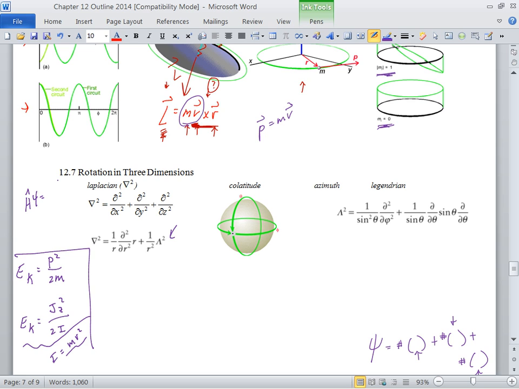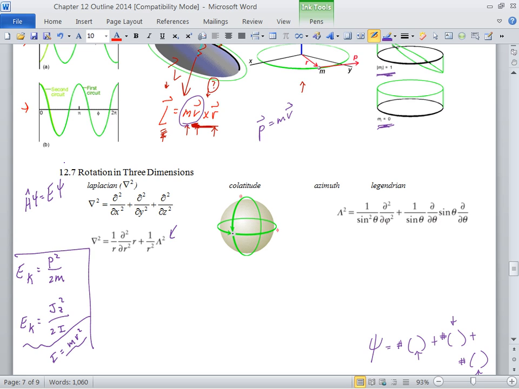We had little omega, but they gave a symbol for it, because it's H hat, the energy operator, you always get E psi. So that's just the general way of writing the Schrödinger equation.